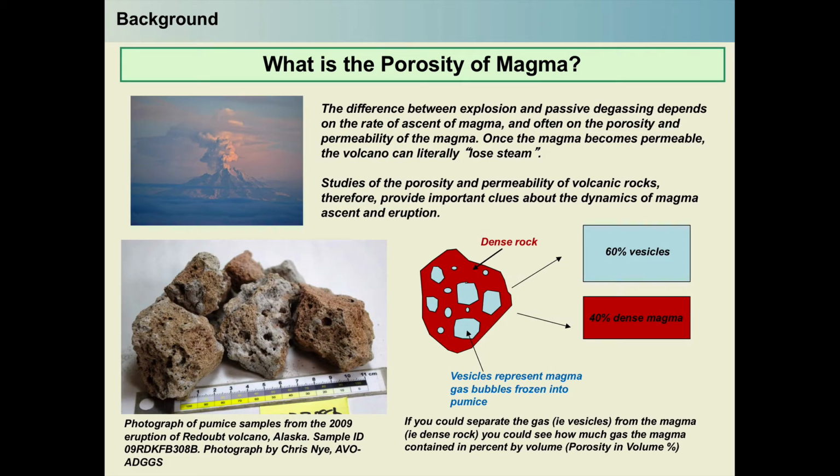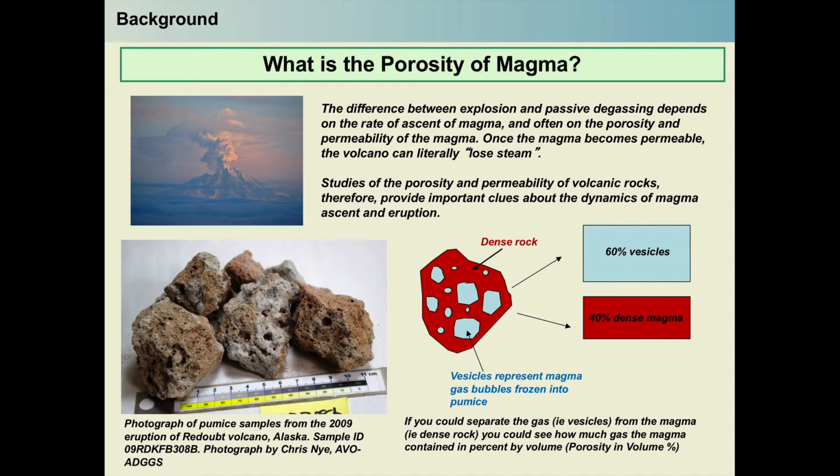First we need to go through some definitions. The first is porosity, or vesicularity. The porosity of a magma is basically the percent by volume of vesicles, or gas bubbles, you have in your magma.